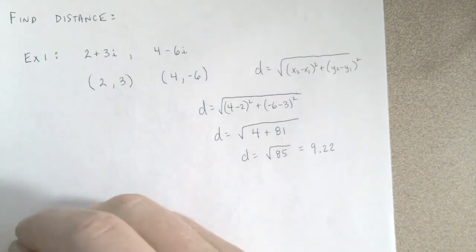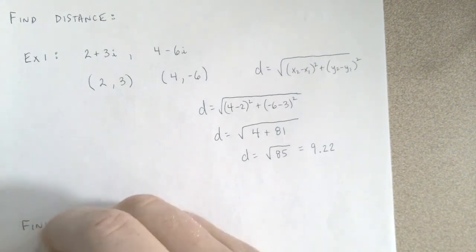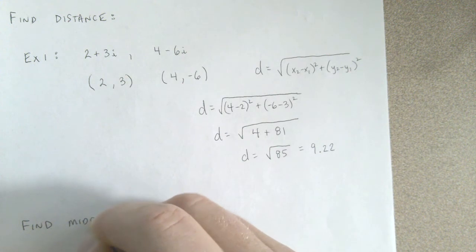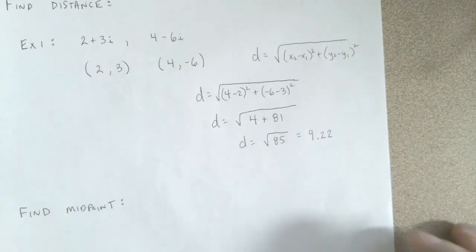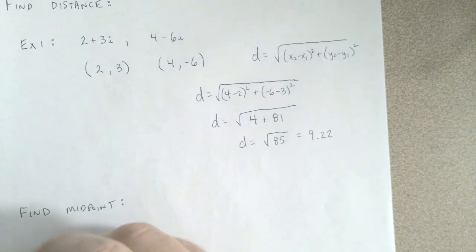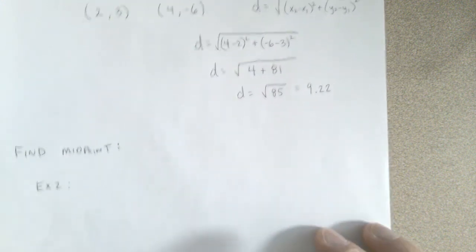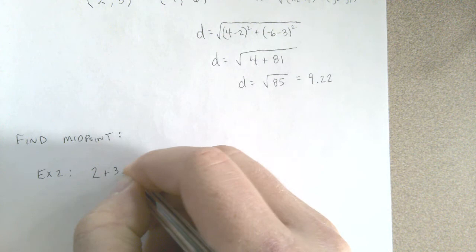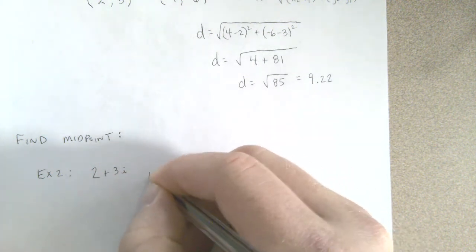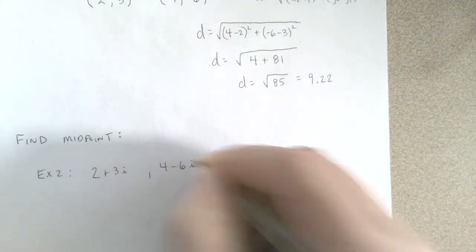Okay. We're also going to find the midpoint. So let's go ahead for this example and use the same 2 points, 2 plus 3i and 4 minus 6i.